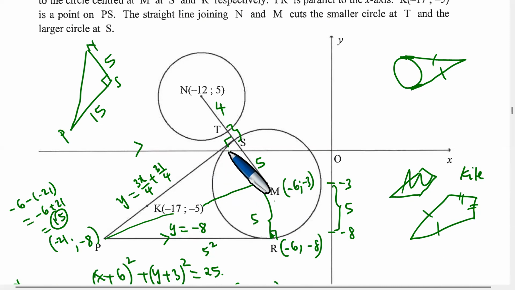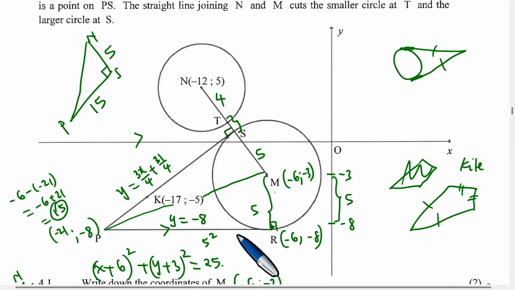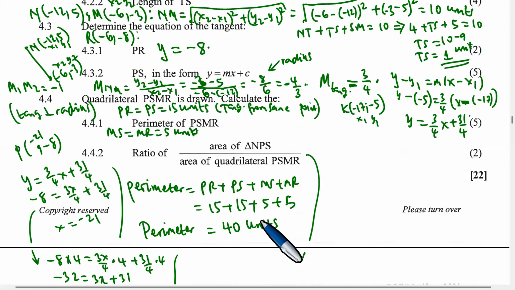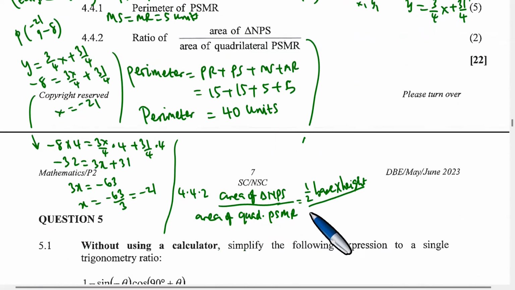If you draw it like this and split it into two, then you can find the area of the triangle, which is half the base. The base is 15, the height is 5. And then here too, you can find the area of this triangle. Half the base is 15, the height is 5. So you have those two things. Here you can consider half base by height plus half base by height.